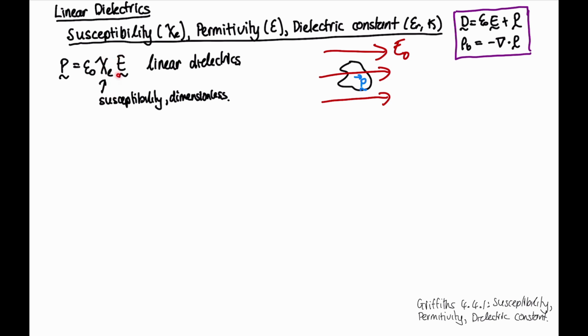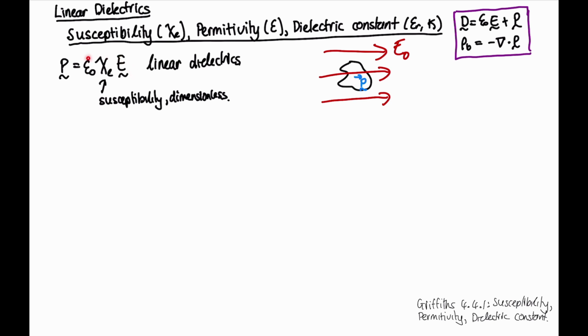Now, it's really important to note that this electric field here is not this applied electric field here. It's the electric field which is applied as well as the electric field generated by the polarization of the dielectric.